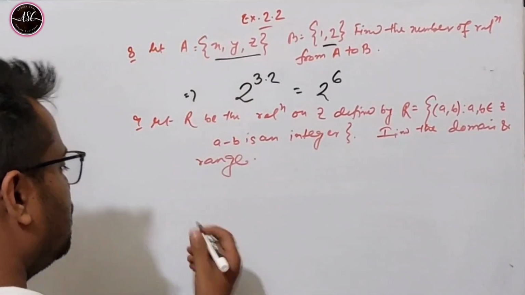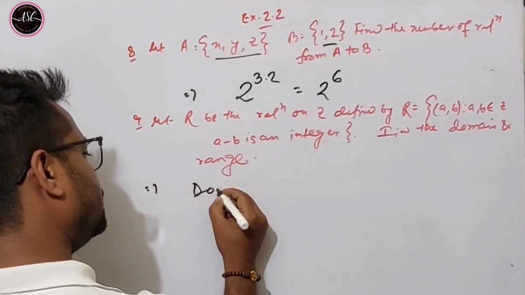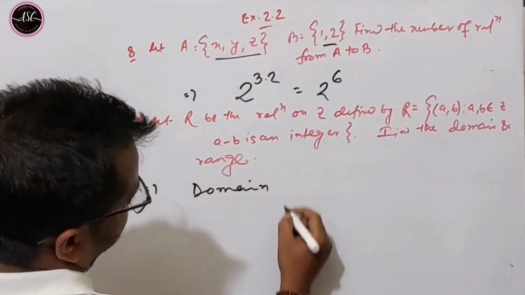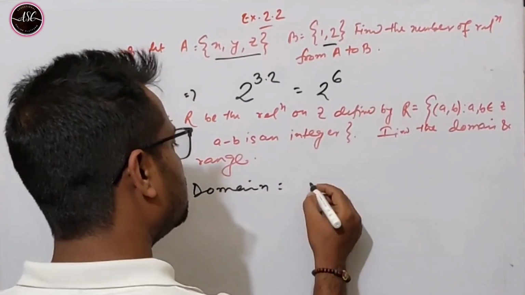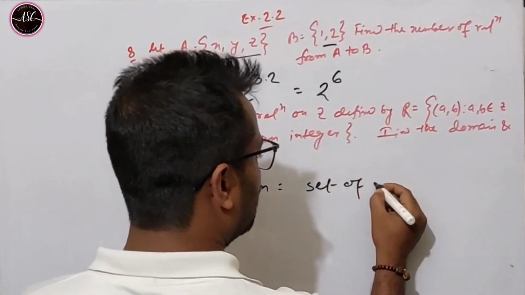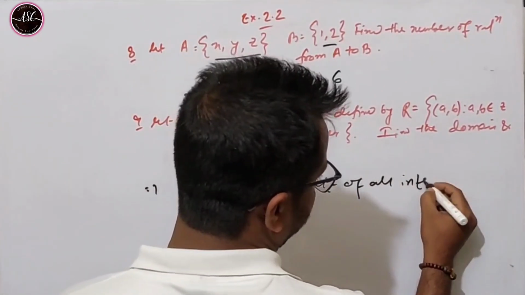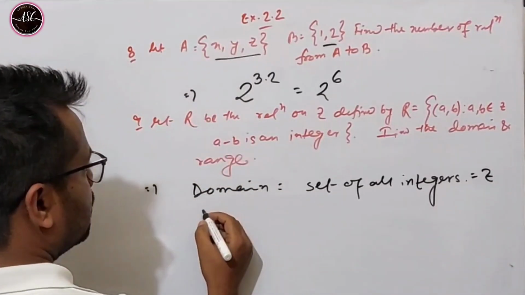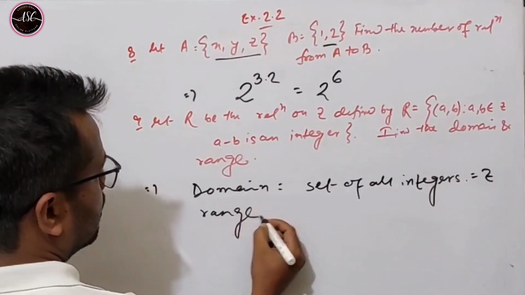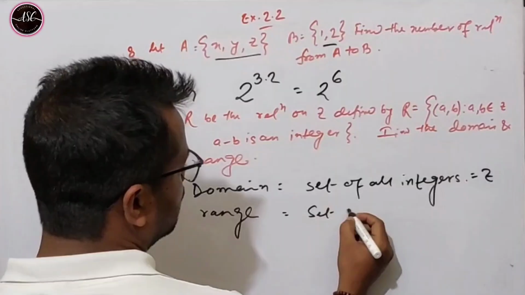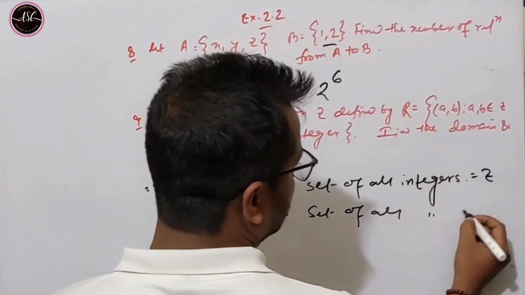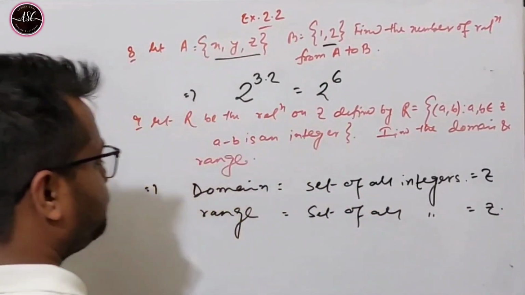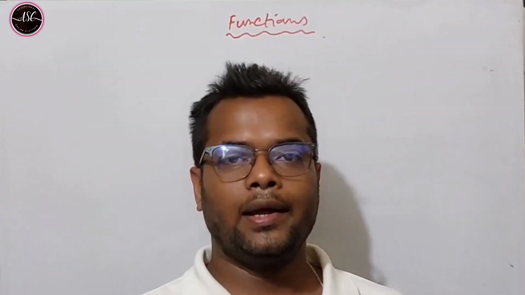Okay, so here the domain is equal to the set of all integers, that means Z. Okay, and the range will be the set of all integers, that means Z.